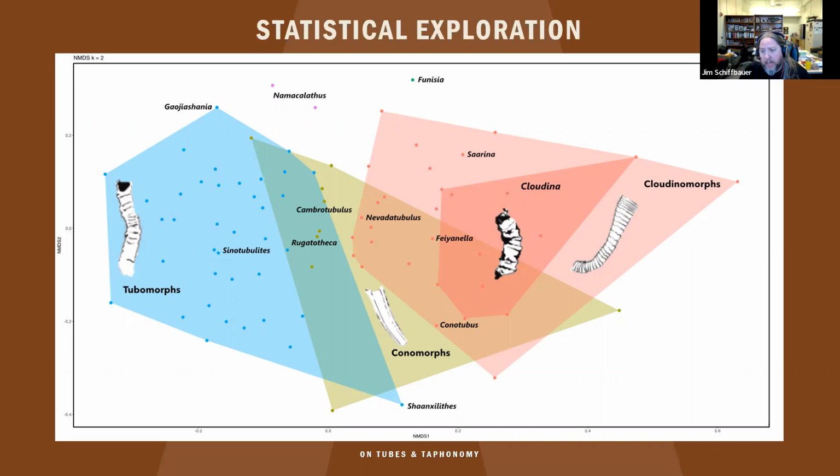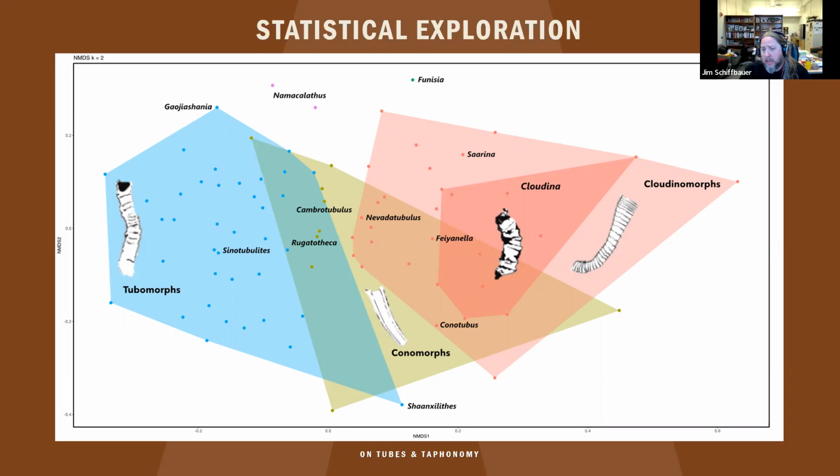In the pink to the right, or the salmon color, those are the broader cloudinomorphs, and then highlighted in the darker shade of the same color is what would be called Cloudina proper, within the genus Cloudina. The organisms within the cloudinomorphs include a lot of other things like Saarina and Pseudorhizostomites and Multiconotubus and Conotubus, et cetera. Lots of different things there that are constructed generally in the same form.